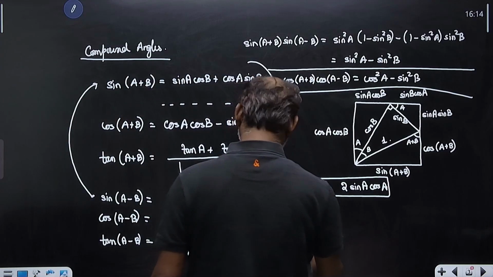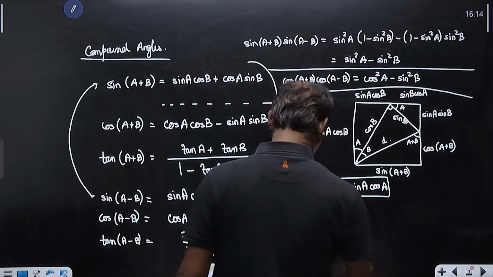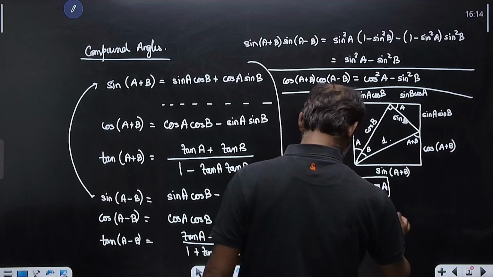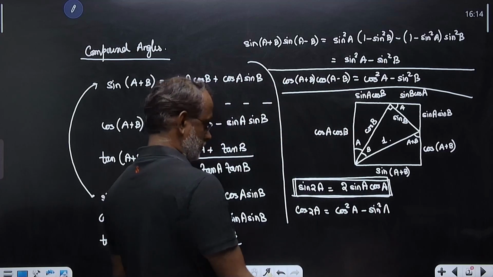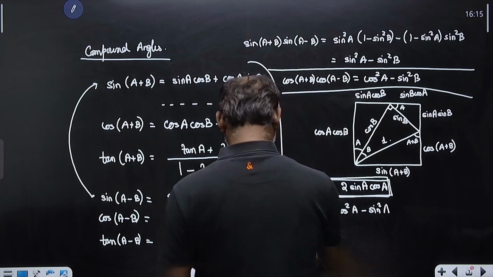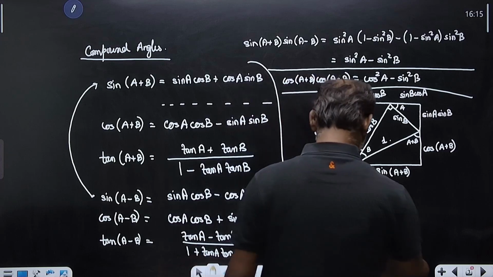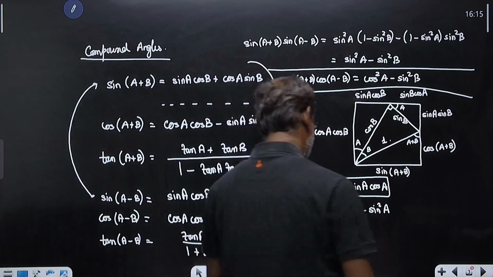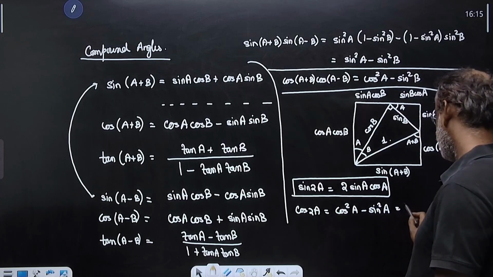Cos 2A is cos square A minus sin square A. We can also write sin square A as 1 minus cos square A.